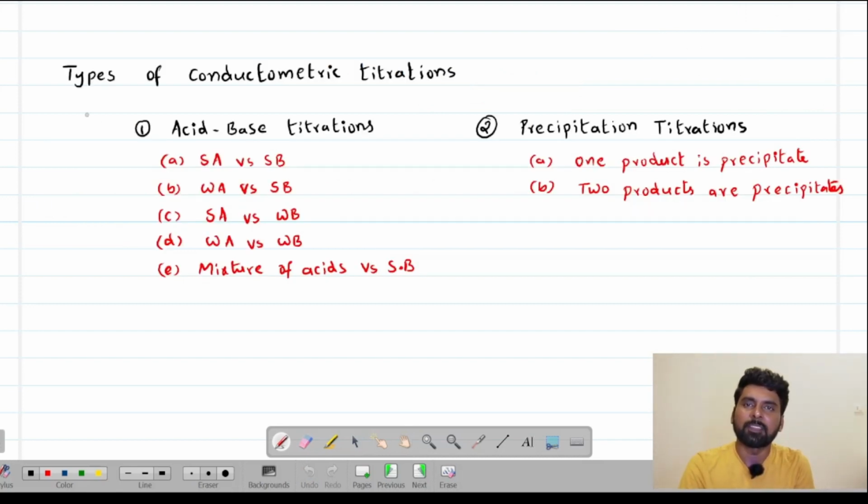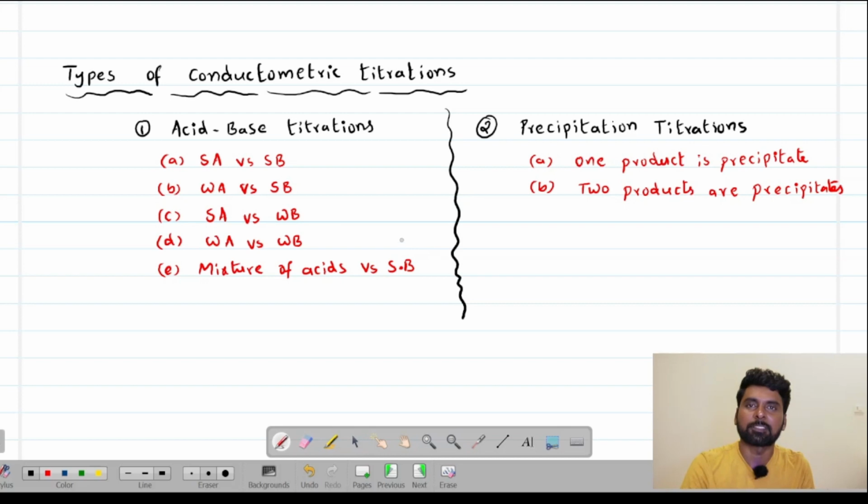In this video, I am going to give the graphs of all conductometric titrations, so I wanted to take the types of conductometric titrations first. Basically, in any chemistry lab, people perform two types: acid-base titrations and precipitation titrations.